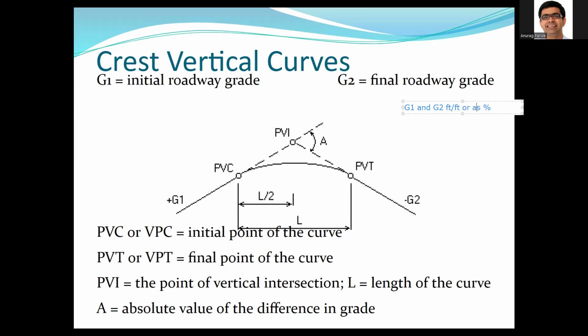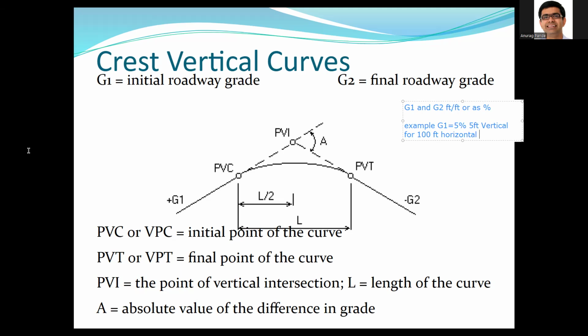Somebody might say G1 is 5%. This is just an example. That means that you're going 5 feet vertical for every 100 feet horizontal. So 5% grade means 5 feet vertical movement for 100 feet horizontal.